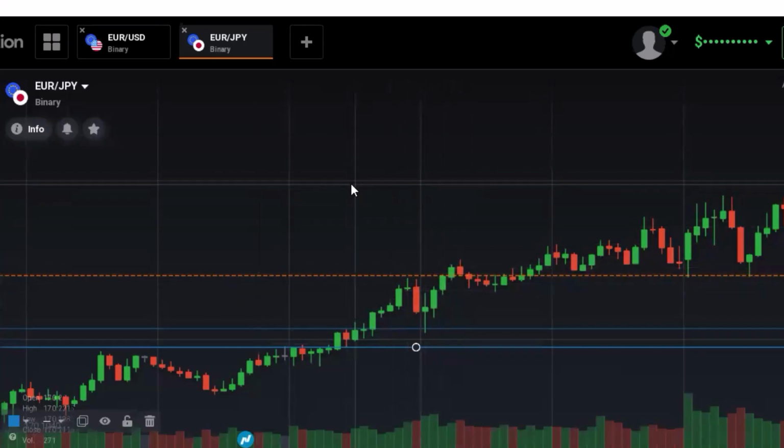So I think it's now very clear to everybody what an order block is in the SMC course, that means the smart money concept course, and how to apply this very easily to place a sure short trade.